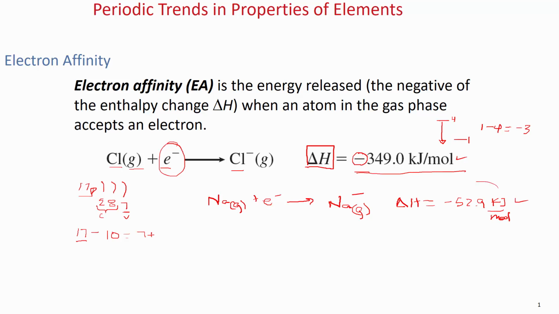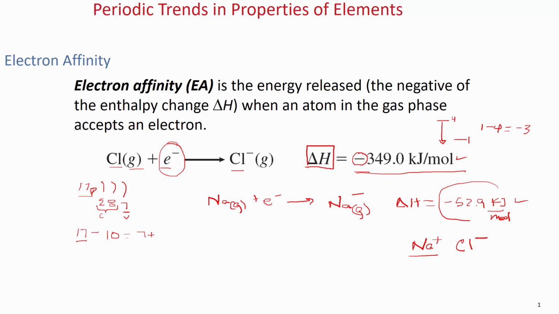Metals, not so much, only negative 52 versus negative 349 for chlorine. So now you're starting to see why sodium forms a positive ion because it has low ionization energy compared to chlorine. And chlorine becomes a negative ion because it has a high ionization energy and it releases quite a bit of energy when it gains an electron.